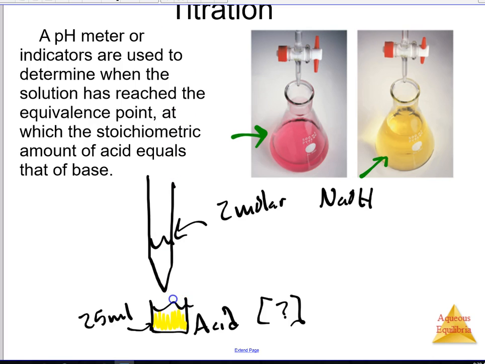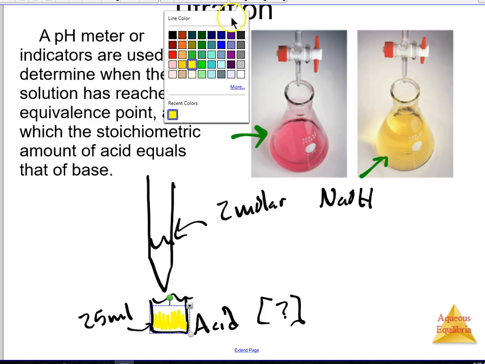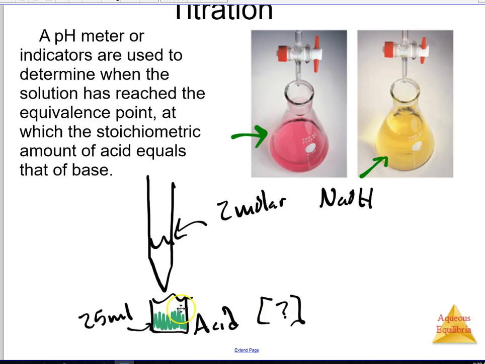Now I'm going to stop doing this the moment that this turns green. Why? Because green is when this substance is at a pH of 7.